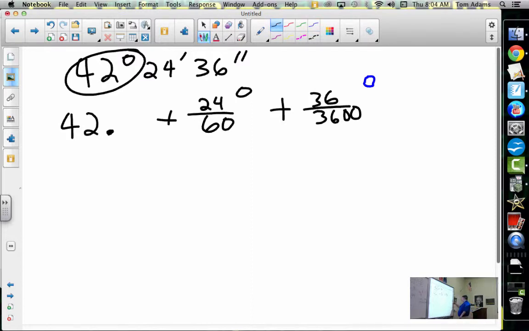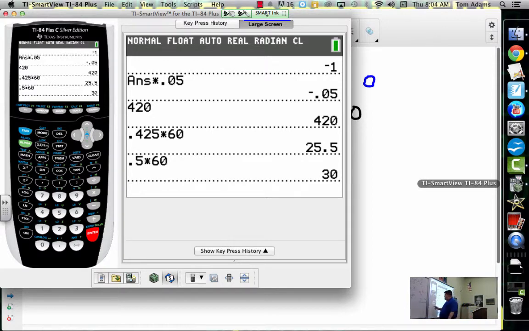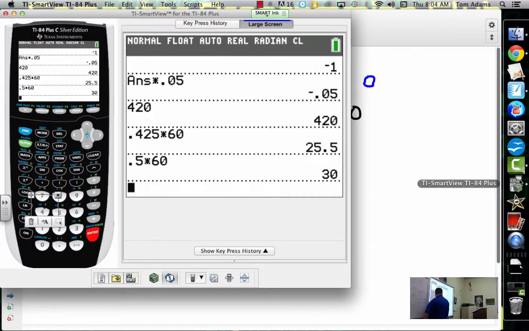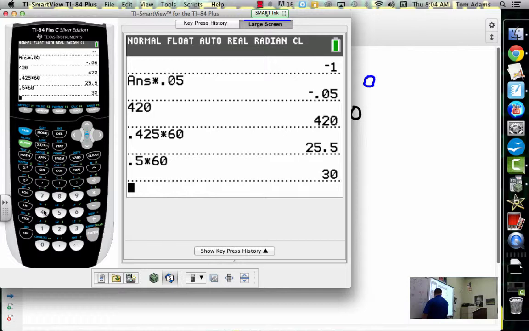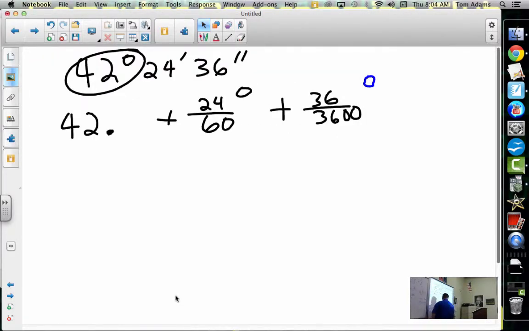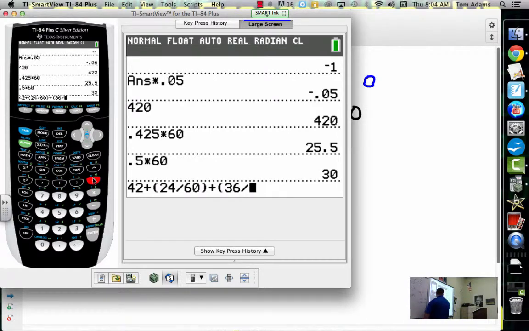Now, if we plug that into a calculator, I would say 42 plus, in parentheses, 24 divided by 60, close parentheses, plus 36 divided by 3600.